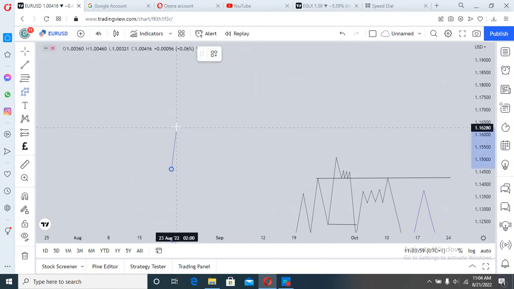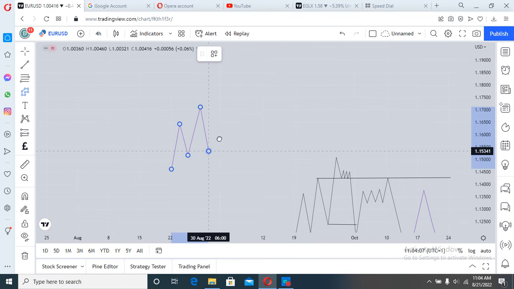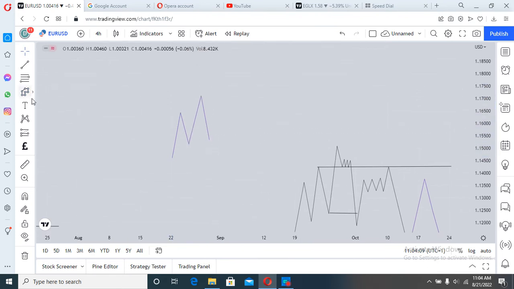So another one is you have higher highs, higher lows, and then you see a failed high. You see a failed high, right?